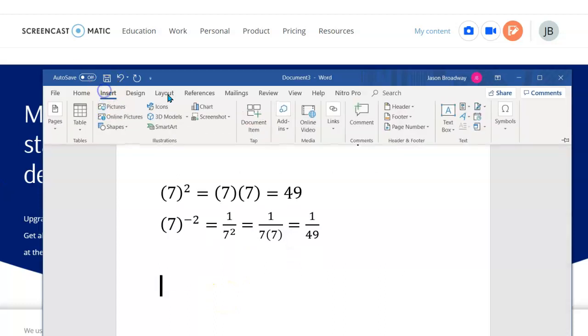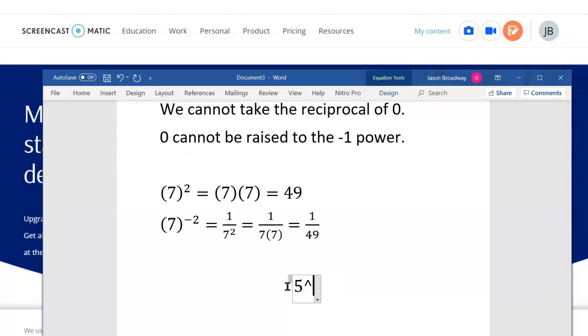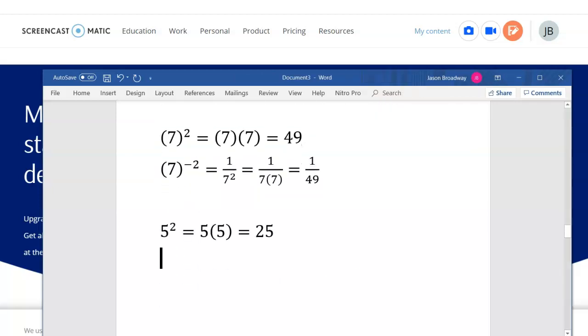I've got 3 minutes and I'm in a rush. But if I do 5 to the power of 2, that's 5 times 5, which is 25, right? Let me copy this or I'm going to have to go back.